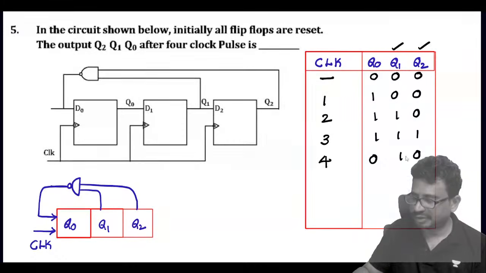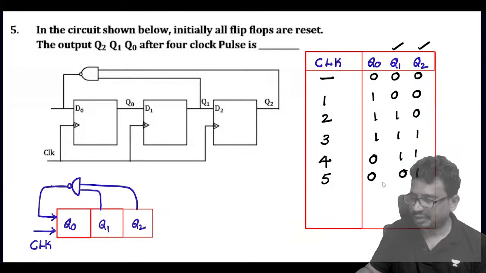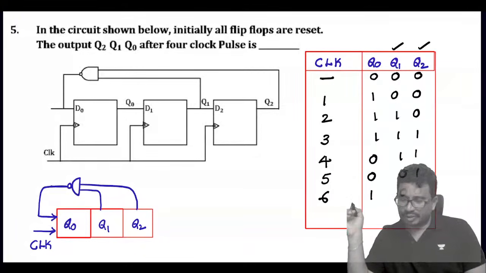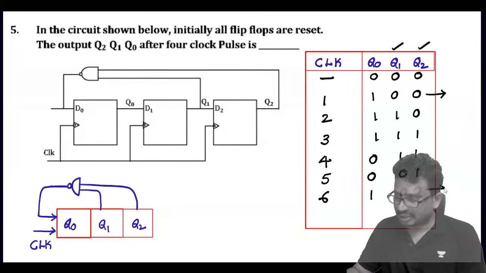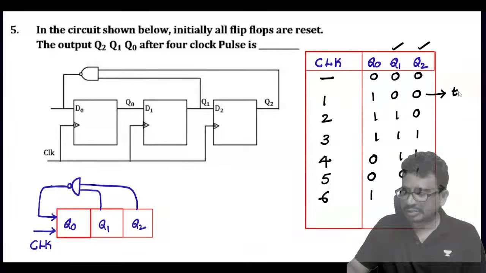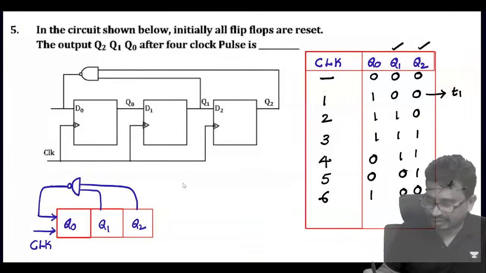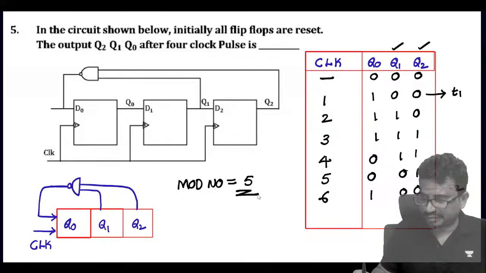This is 1, 0. And fifth clock, 0, 0, 1. Sixth clock, 1, 0, 0 will come. Isn't it? So what is the mod number you see? The same thing is repeated. So if I call this T1, this is T2. Mod number is 6 minus 1, that is 5. Mod number is 5.